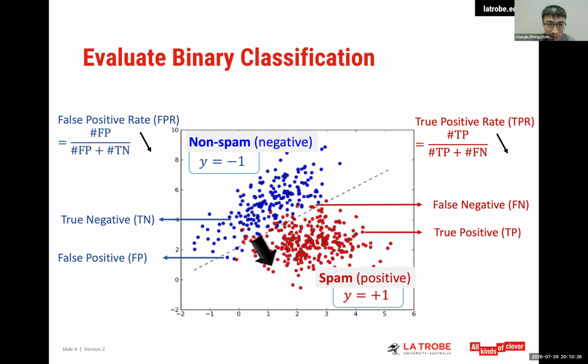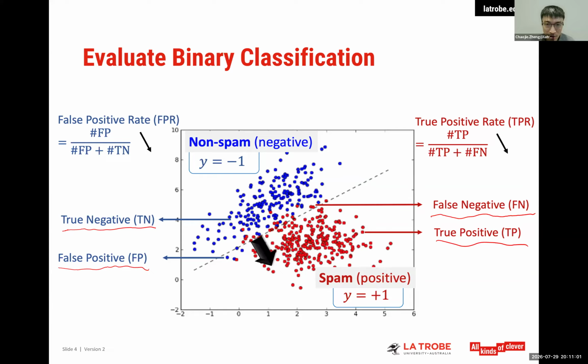Because we have predictions and true labels, both positive and negative predictions, and both positive and negative labels, combining these four situations gives us four terms: false negative, true positive, true negative, and false positive. If you have learned statistics, you may have learned this kind of concept.